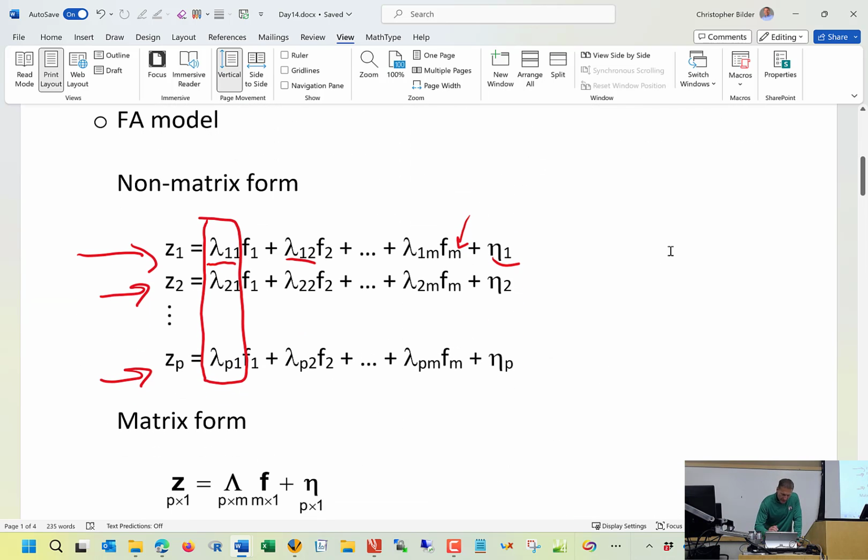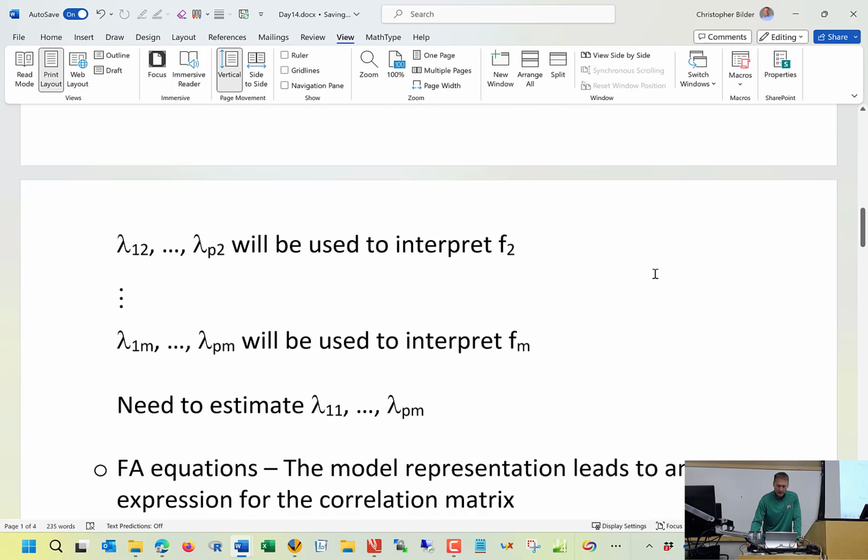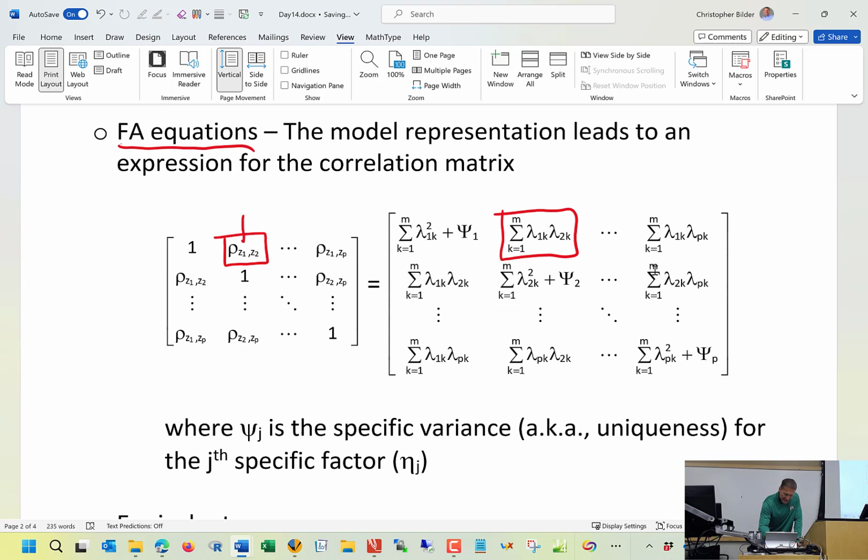Which lambdas are they? Notice when I have a 1 here for Z, I always have a 1 in the first subscript for the lambdas. Look at this subscript 2. Notice in the first subscript for the lambdas, I always have a 2. And so notice I'm looking at Z1, Z2, so that means I'm taking the product then of those corresponding lambdas for Z1 and Z2. That represents the correlation between them.